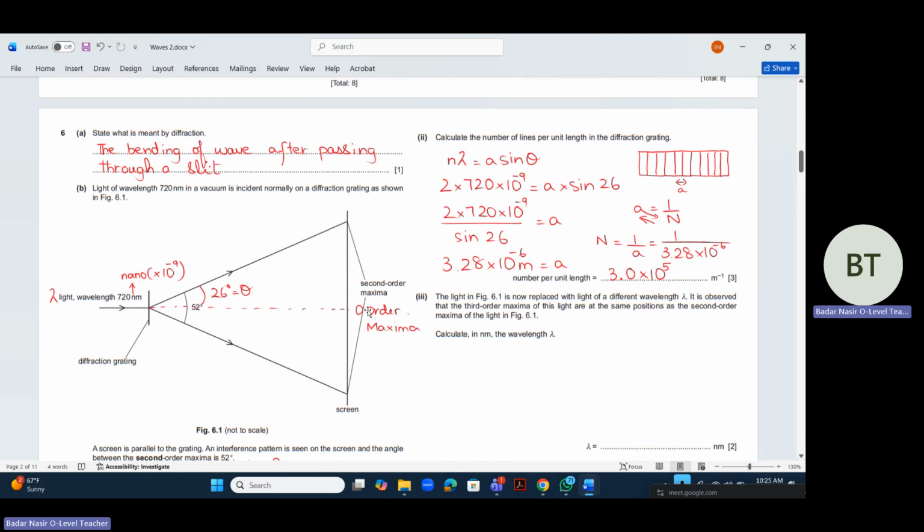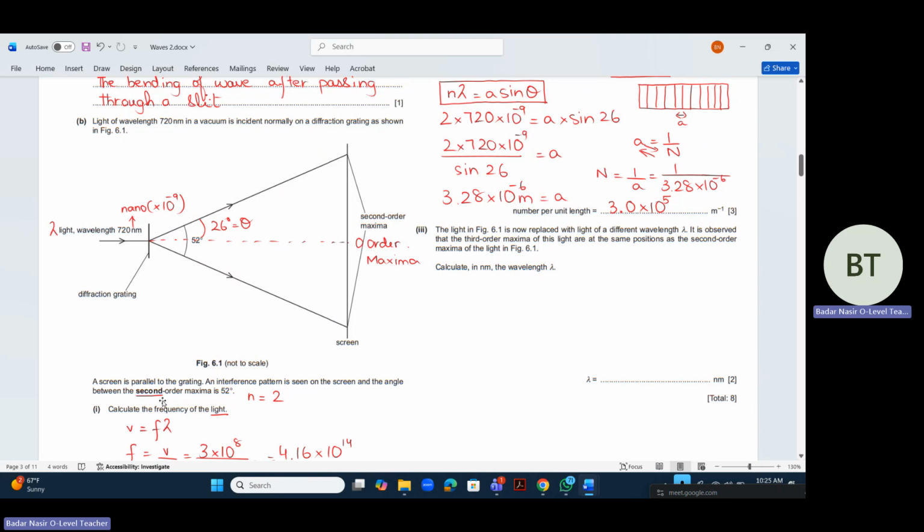Next part में diffraction grating, जहां पे diffraction grating का जिक्र होगा तो we should remember this formula. जहां पे slit separation की बात होगी, double slit experiment की बात होगी, so we have to keep that formula in mind. Lambda is equal to A sine theta over capital N. अच्छा, we use this formula. उसने आपको बताया हुआ है कि second order है, तो small n is 2.